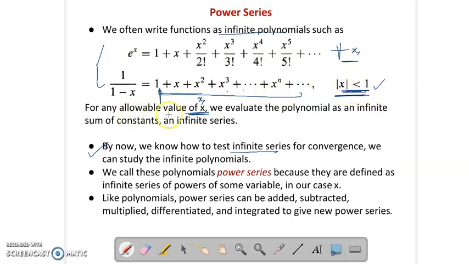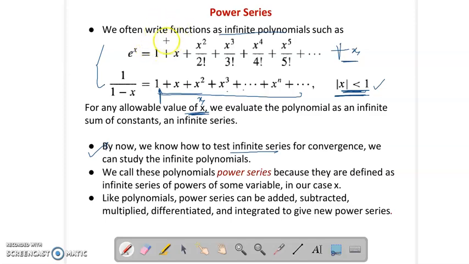So for any allowable value of x, we evaluate these infinite polynomials as an infinite sum of constants, which is basically an infinite series. The only difference is that now we have introduced a variable x in here, which can take values in some allowable range, right?